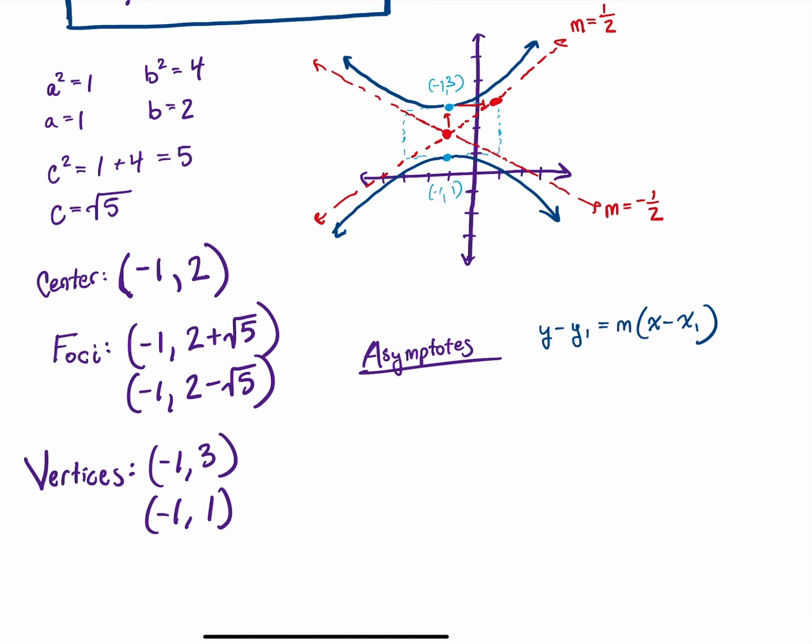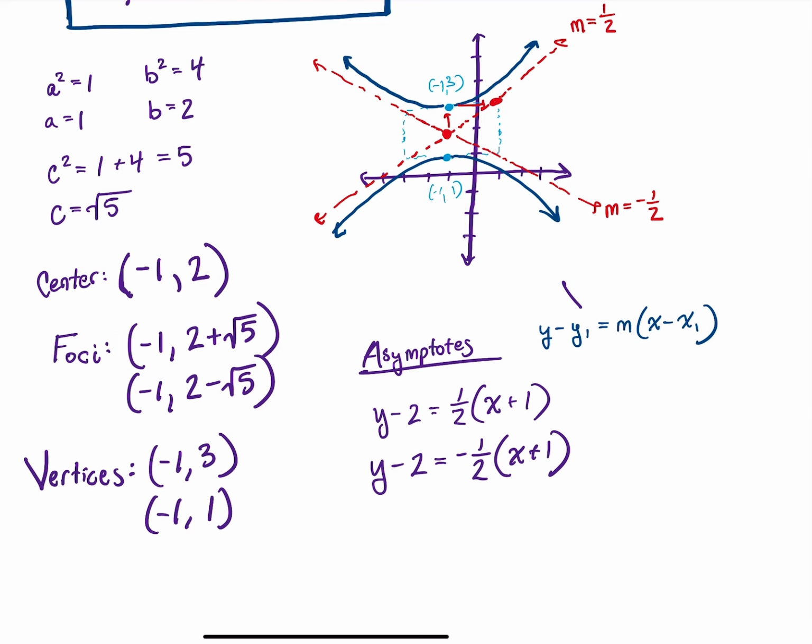And then we have our two different slopes. Our center point is negative 1, 2, so that would be our y1 and this would be our x1. So I can write it as y minus 2 will equal positive 1/2 times x minus negative 1, so it'll become a plus 1. Then our second equation will look the same. Y minus 2 will equal, in this case, negative 1/2 times x plus 1.